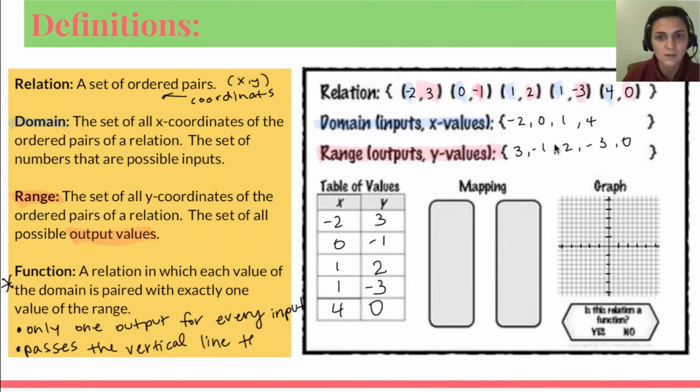Okay, these are some little quick definitions that you may have heard in the past. So mapping and graphing kind of helps us figure out if this is a function or not.